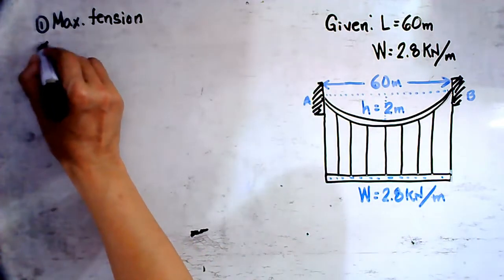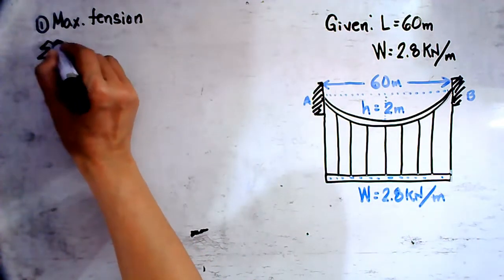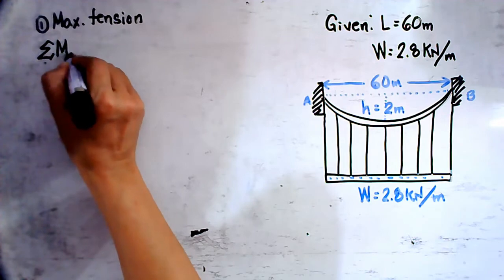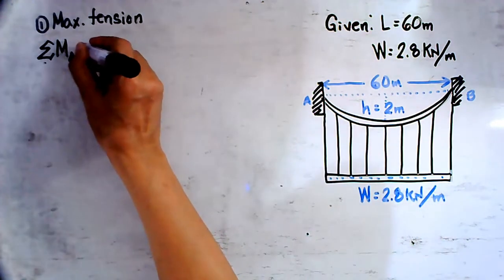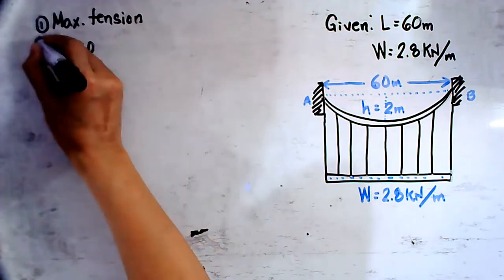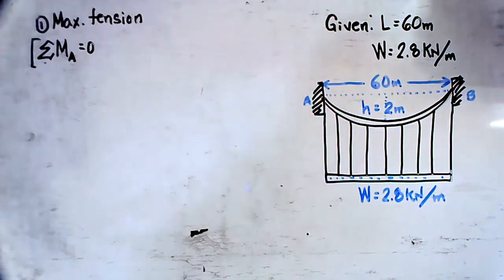If we take summation of moments at point A and set this equal to 0, then we will be able to find out, based on the equation. Let us draw first the diagram.